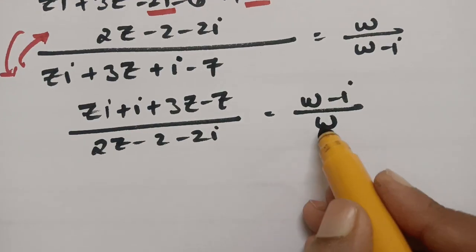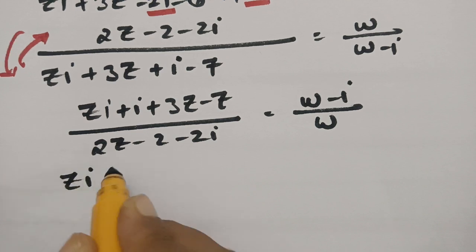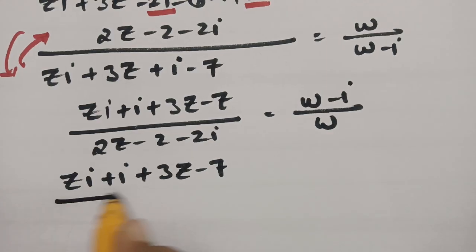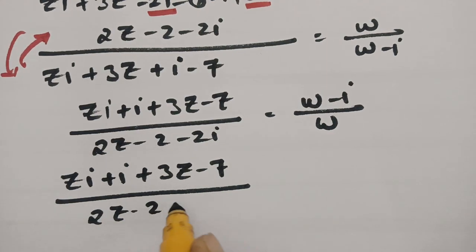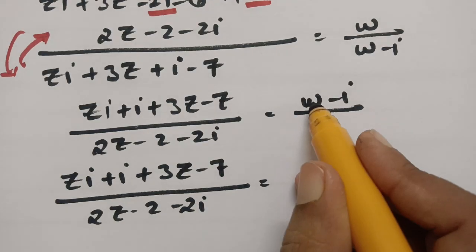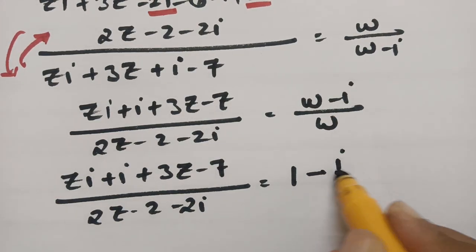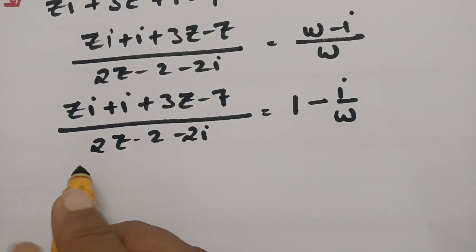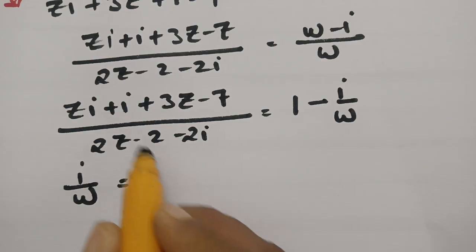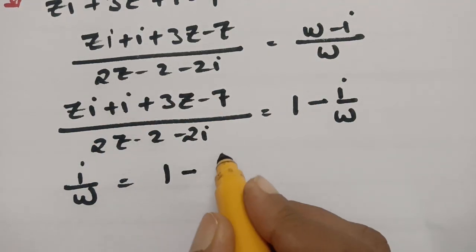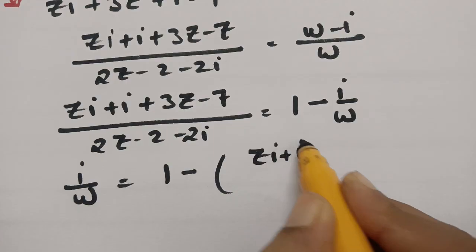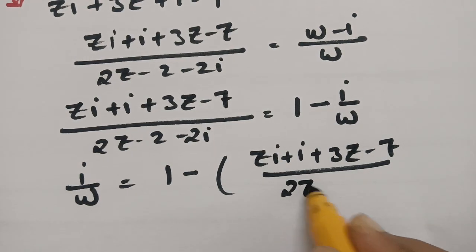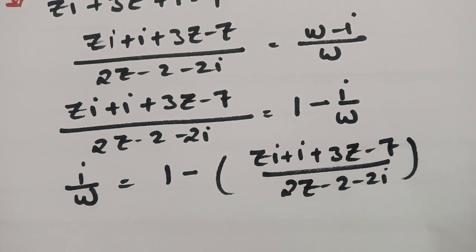So if I separate this w here, then see what happens: zi plus i plus 3z minus 7 divided by 2z minus 2 minus 2i is equal to, w by w is 1, minus i by w. So if I send this i by w to the other side, and this term to this side, this will be 1 minus zi plus i plus 3z minus 7 divided by 2z minus 2 minus 2i.